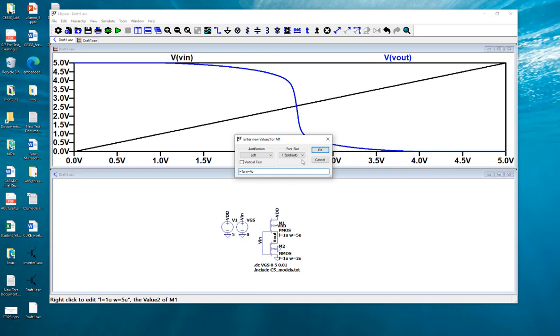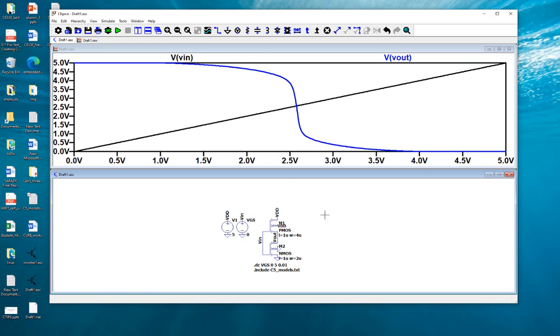You know why? They are both transistors from the same technology. Why PMOS just requires larger width? Why is that? Yes, because holes are less mobile than electrons. Okay, so in that case, we need a wider, a stronger.